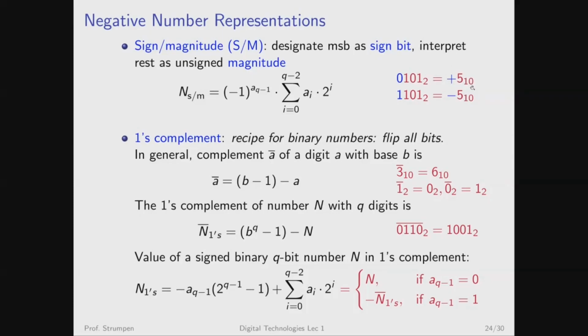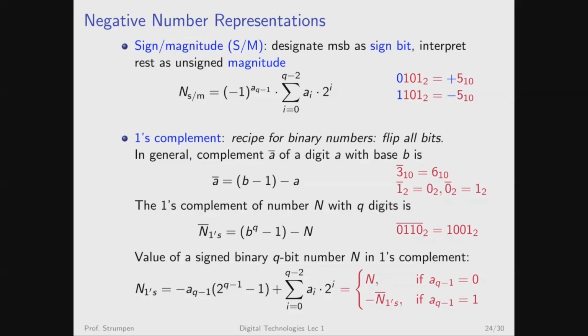And we interpret that 4-bit binary number as a positive decimal 5. If we flip that most significant bit, 1 shall represent a minus sign with magnitude 5 again. So binary number 1101, we would interpret as negative decimal 5.